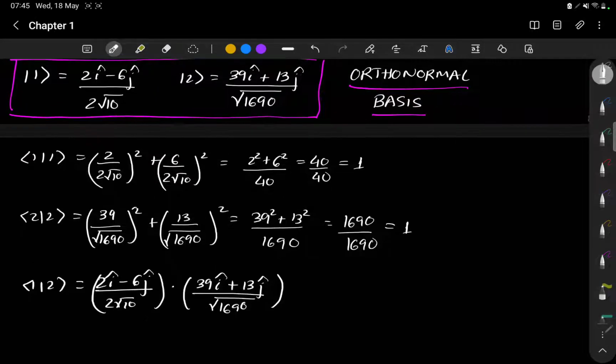So this dot product, let us see, what does it give us? 39 into 2 is 78 minus 13 into 6 is also 78.